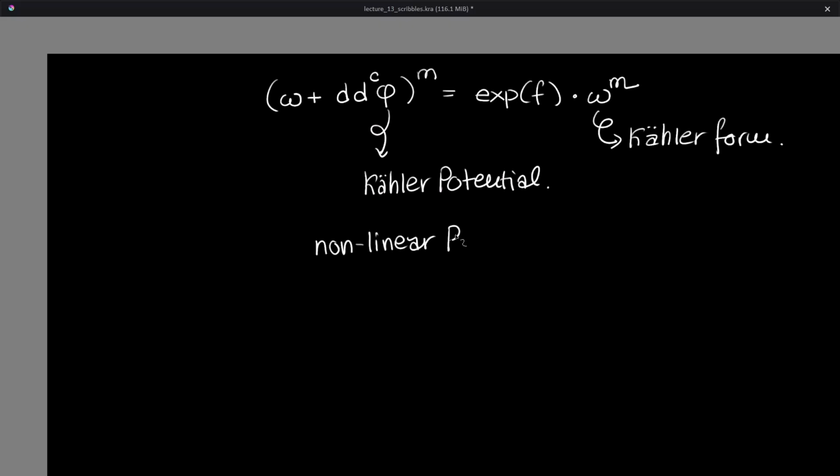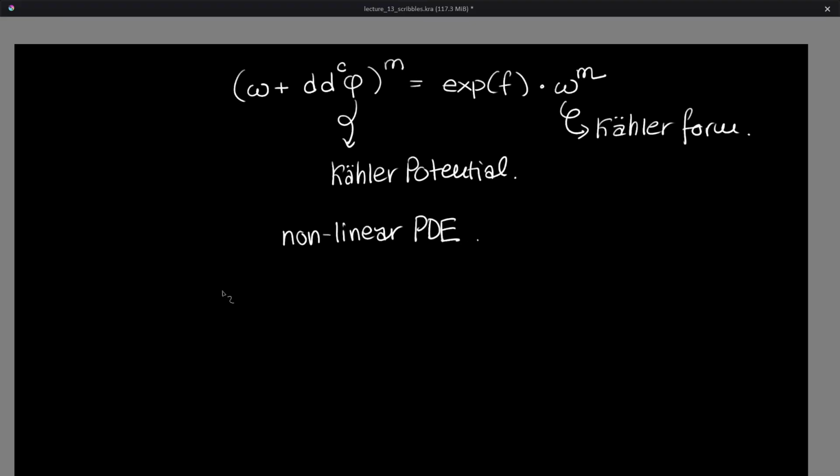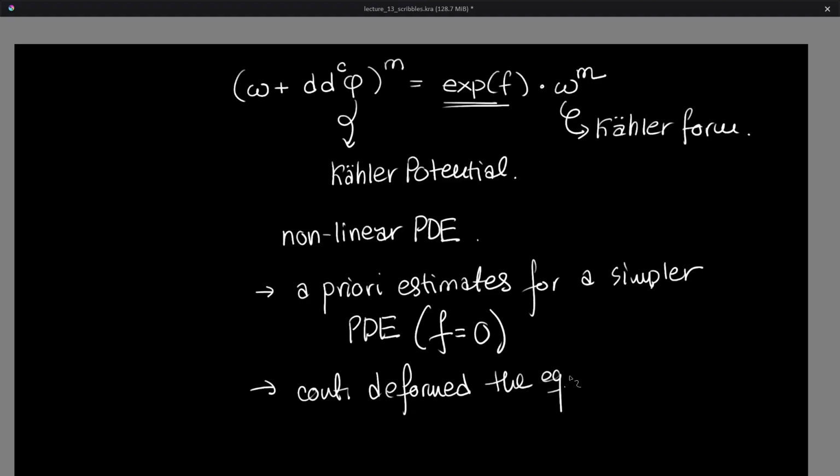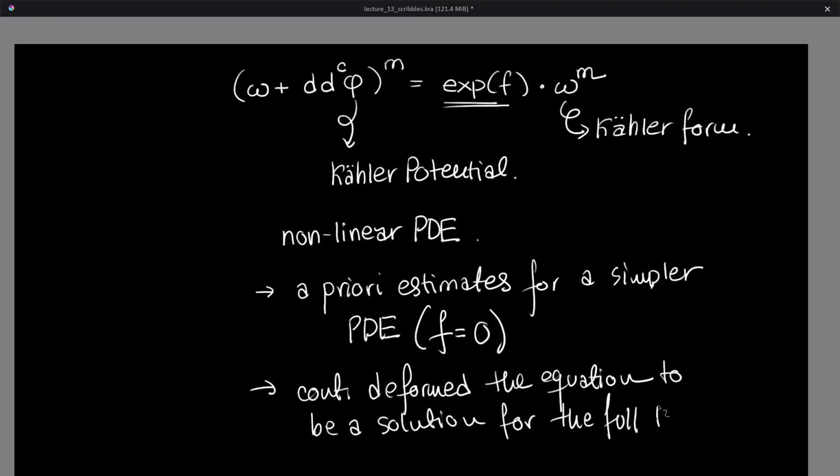Now, this was a nonlinear partial differential equation, and Yau's contribution here is that he came up with a system of a priori estimates for a simpler PDE where f is equal to 0 in this equation, and then he continuously deformed the equation to be a solution for the full PDE.